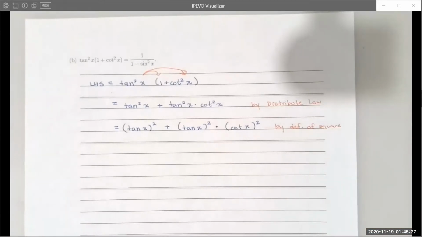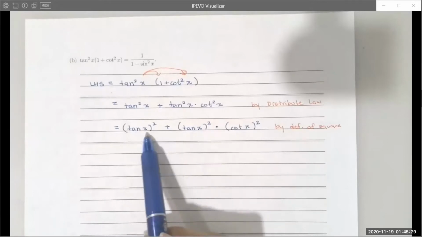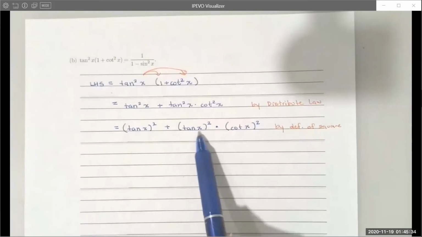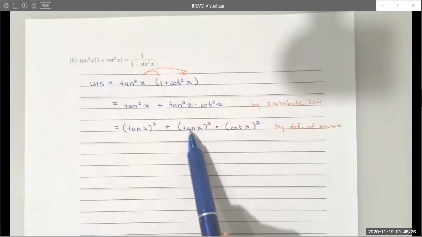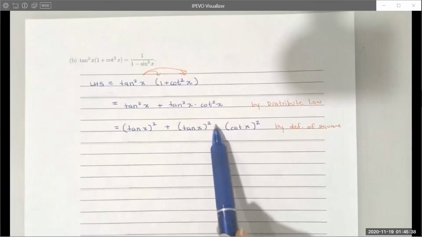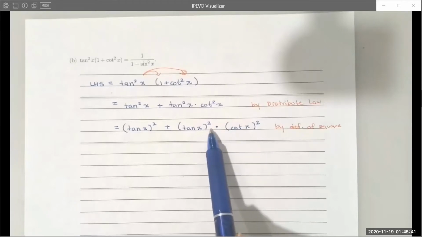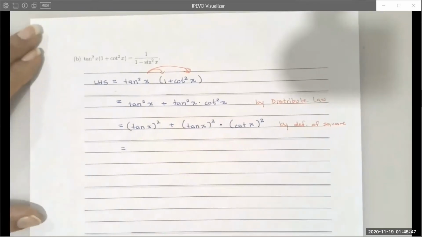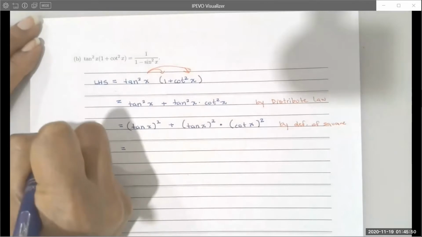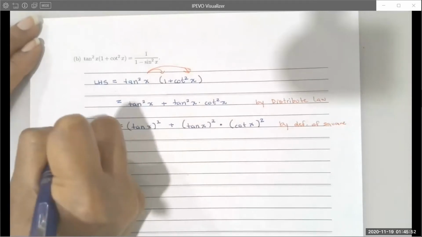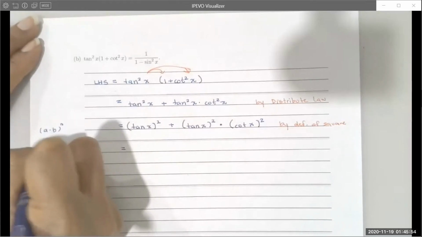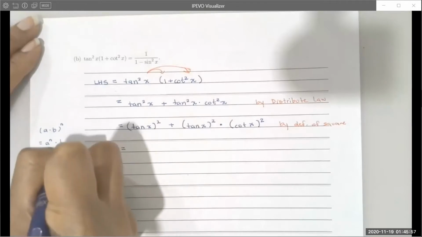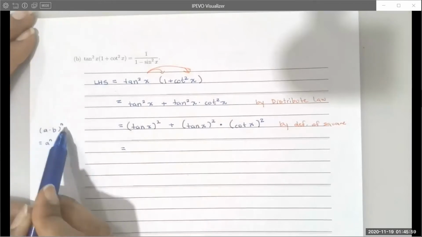Okay, now how does that help us? Well, maybe here there's not too much that we can do, but here we have the same factor receiving a power of 2, or I should say the two factors receiving the same power of 2. So what we can do then is there is a power law that says whenever you have a times b raised to some power n, that's the same thing as a to the n times b to the n, meaning each of them receives a power.